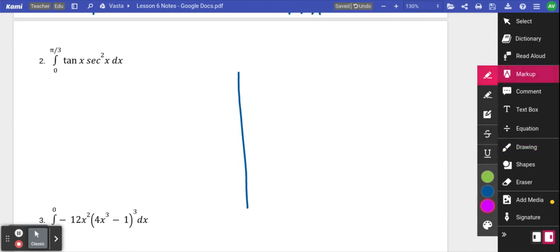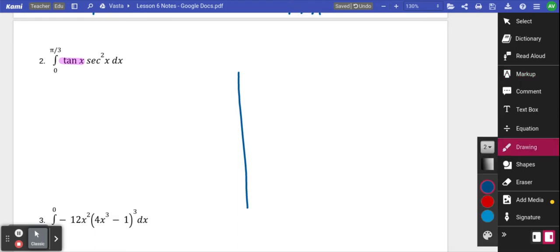I'm going to identify the outside function and the inside function. Now here is an example where it's a little less obvious what's the outside and what's the inside. In this case, I'm going to make tangent the inside function. Now, the reason I'm making tangent the inside function is that I happen to know that secant squared is the derivative of tangent.